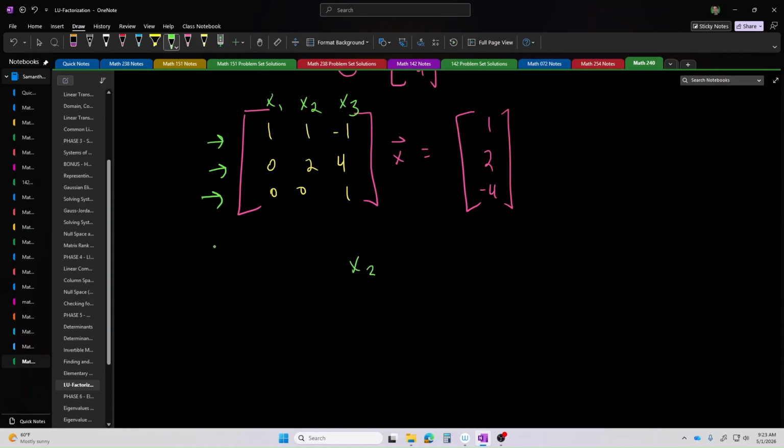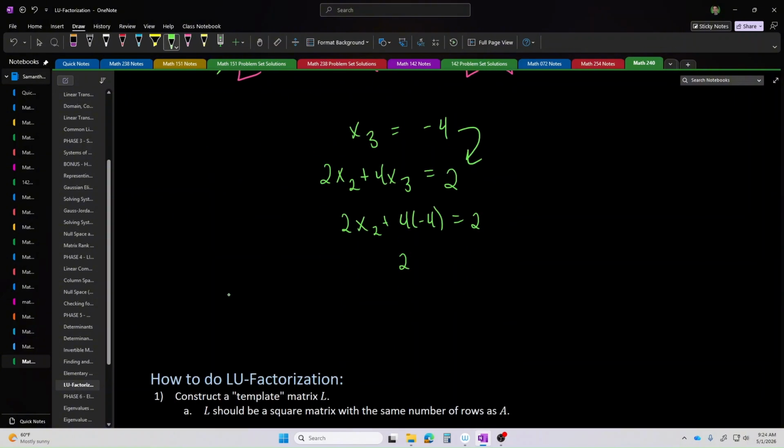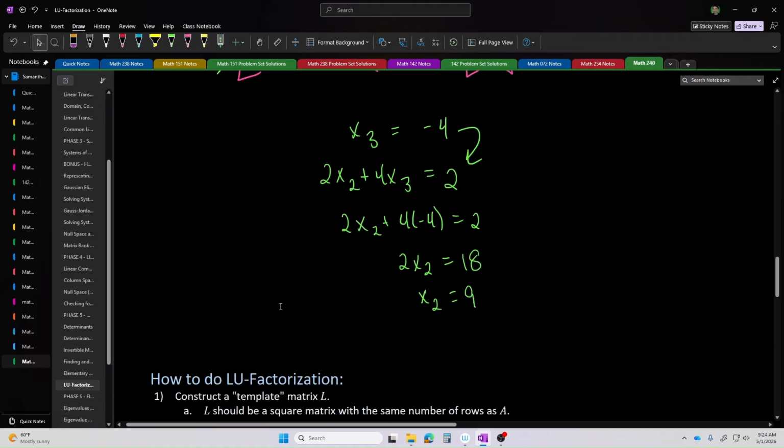That bottom row tells me immediately that x3 is equal to negative 4. In the second row, 2x2 plus 4x3 equals 2. I substitute in. I get 2x2 plus 4 times negative 4 equals 2. So 2x2 equals 18. So x2 is equal to 9 by my reckoning.